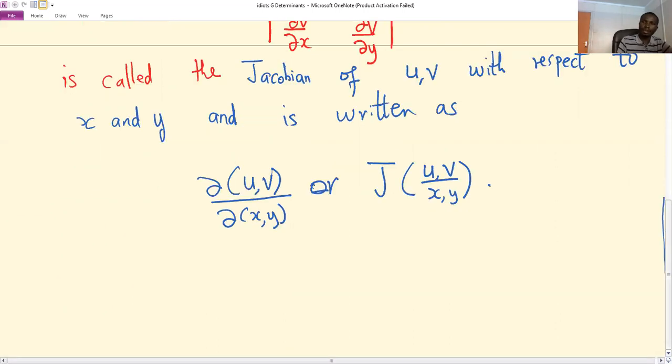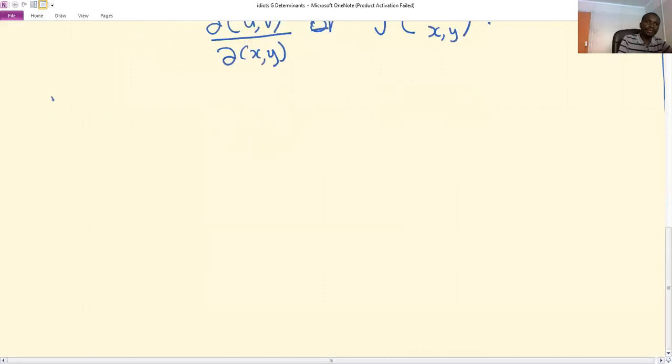Similarly, you can define the Jacobian for three variables.